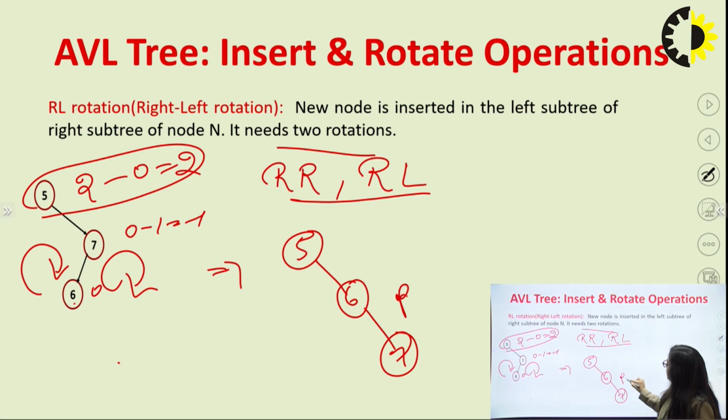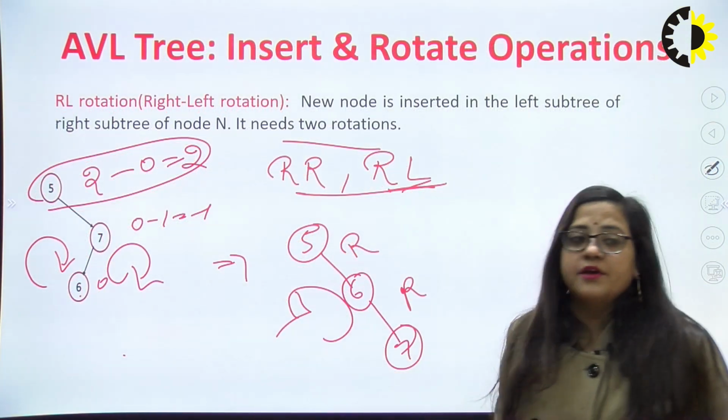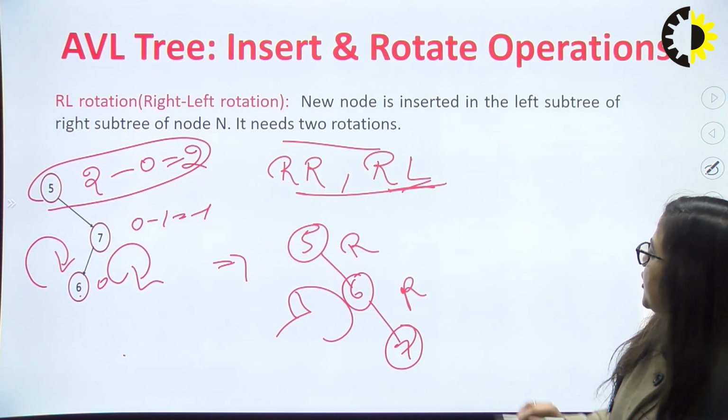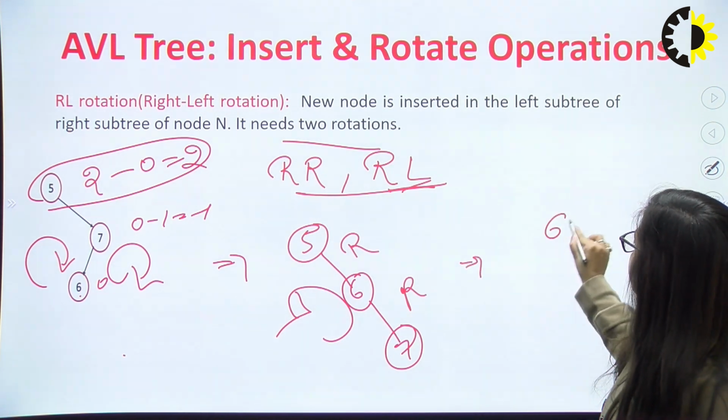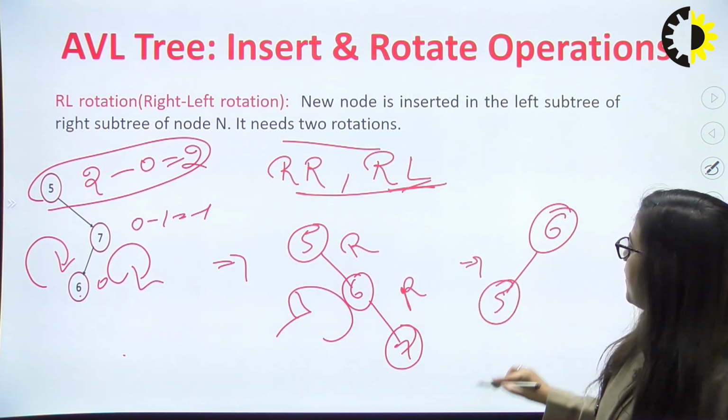This is right and this is right also. Now this node needs an RL rotation, and according to RL rotation, move in this direction, again move anti-clockwise. Now it will become 5.